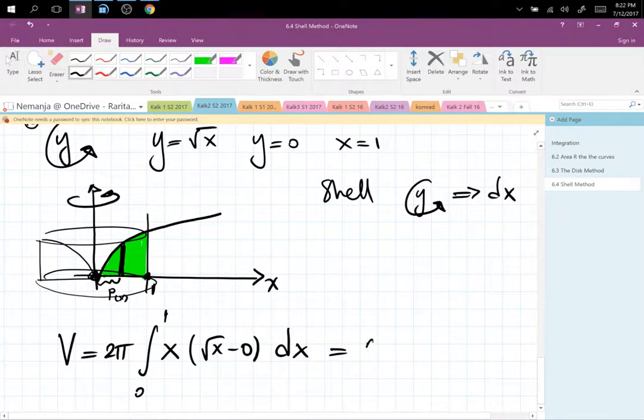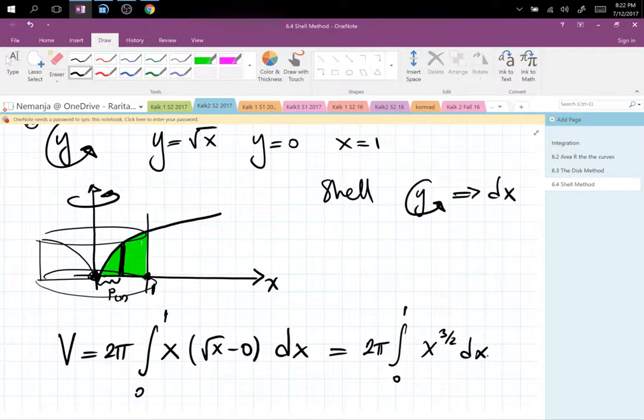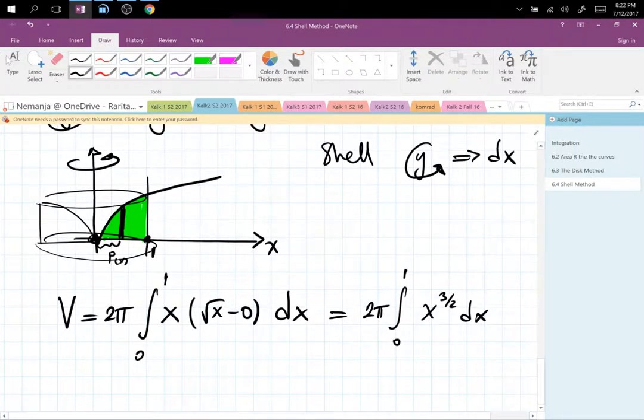So what do I have? I have 2 pi integral 0 to 1 of x to the 3/2 dx, because root x is x to the 1/2, so 1/2 plus 1 is 3/2. And now we integrate. Copy 2 pi. Integral over there is x to the 5/2 over 5/2 from 0 to 1.